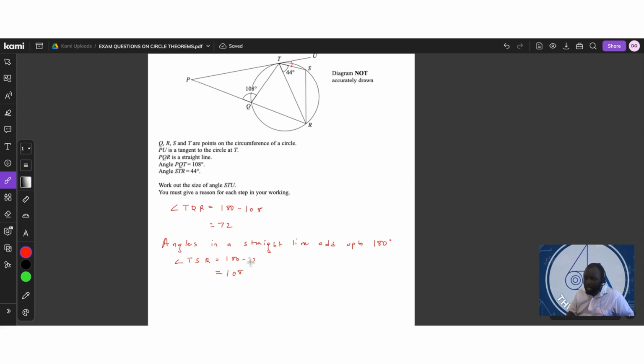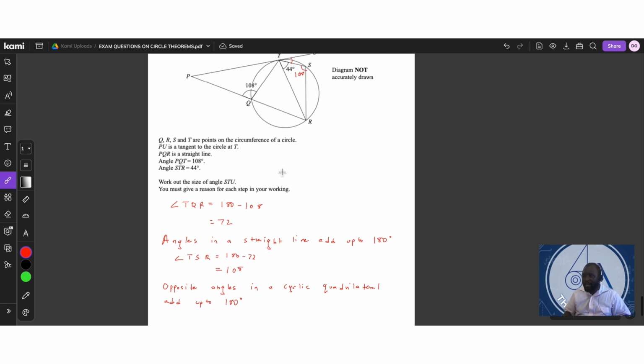But here we've already calculated, and our reason is opposite angles in a cyclic quadrilateral add up to 180 degrees. And so that is the reason for that angle up there being 108.